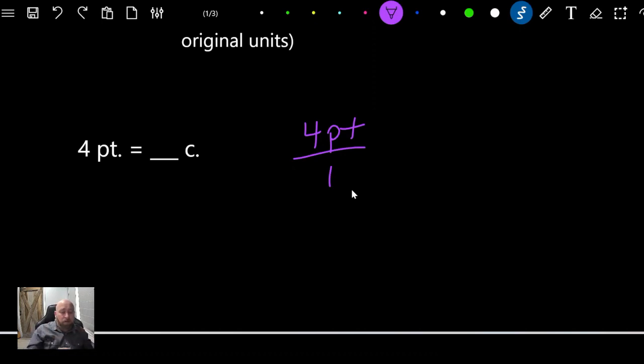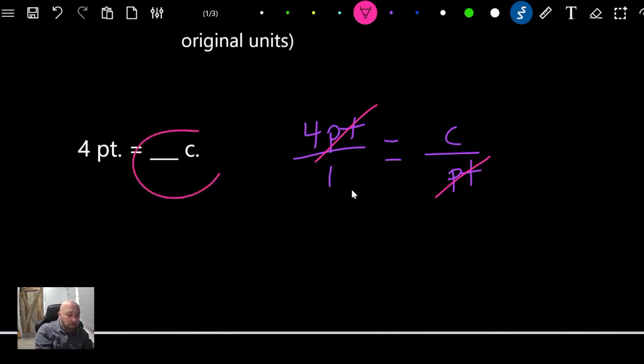So what we want to do is we're going to write this cups over pints. Notice I had to put pints in the denominator. I couldn't put cups in the denominator, right? Because I'll tell you why. At some point, this is going to have to cancel out because our answer only has cups in it. So we need pints to cancel. So we have to put pints in the numerator and in the denominator. If we can do that, then we will get a cancel at some point.